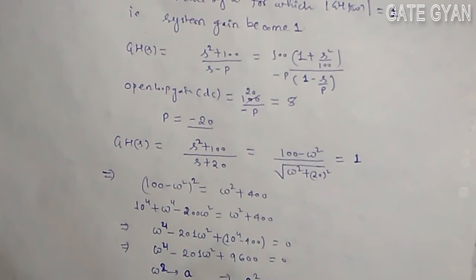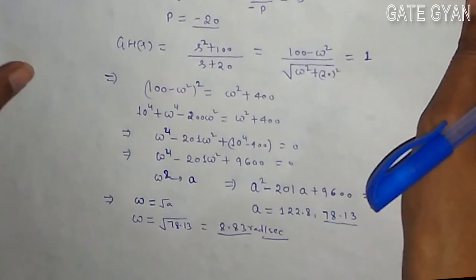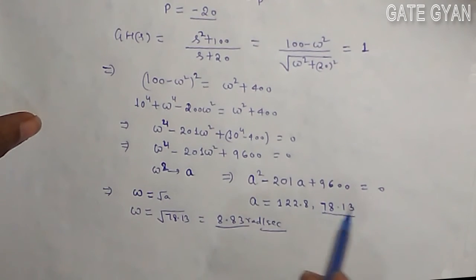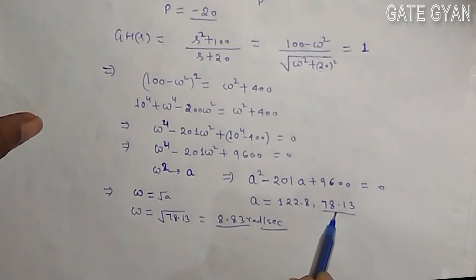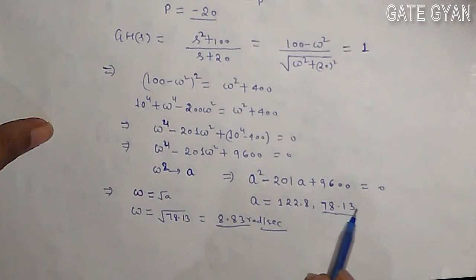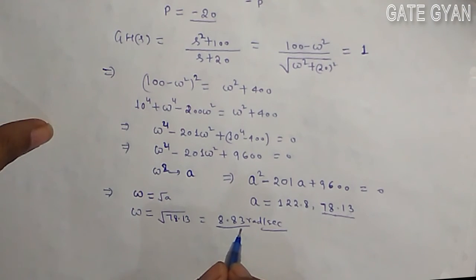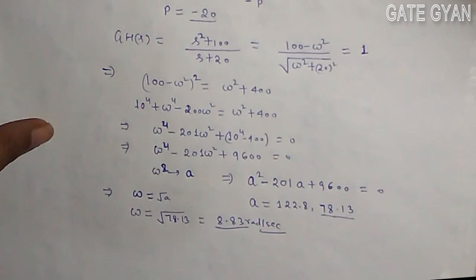And now we will find the roots of this equation. So here we will solve this equation. We will get two values of a, and the question is asking for the smallest value of omega, so the smallest value we will get from this term. So we will get our omega as 8.83 radian per second.